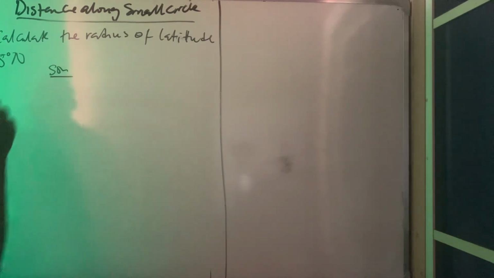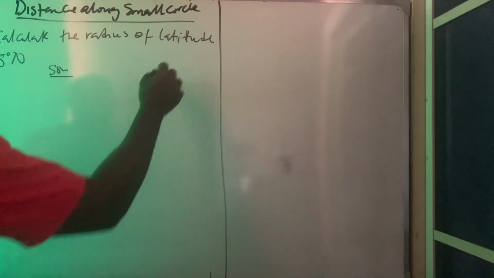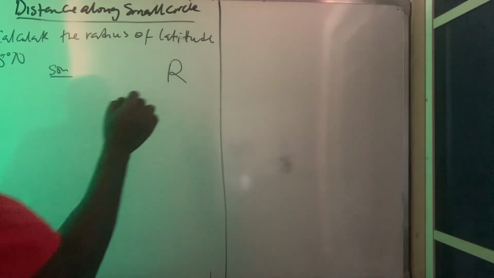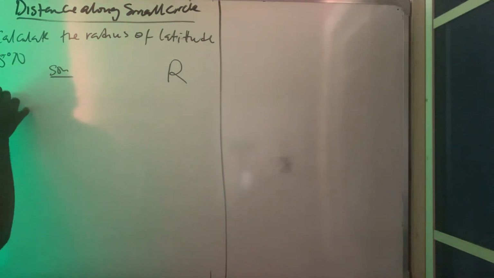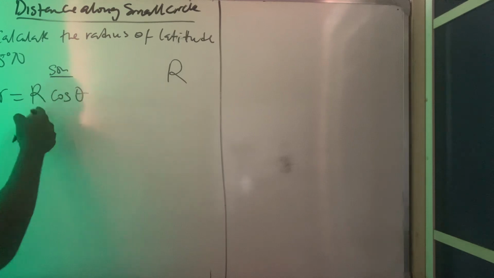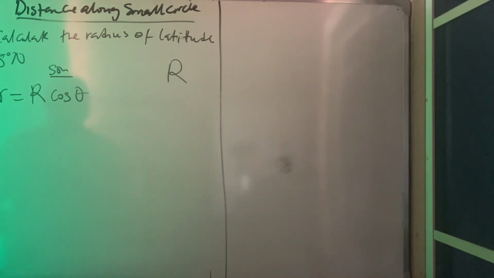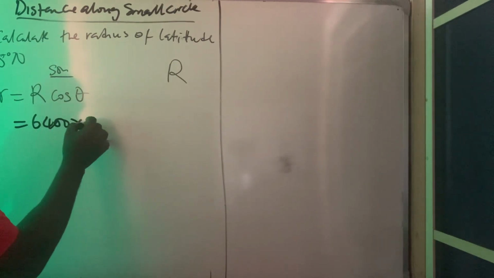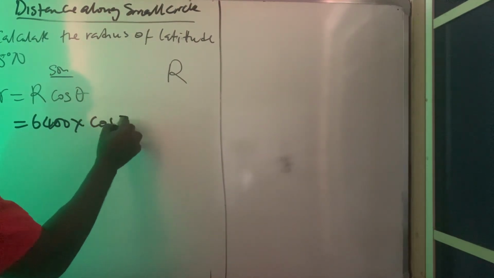Very simple solution. The radius of longitude is big R, that is the radius of the earth, but the radius of the latitude, small r, is given by big R cos theta. You see how we got this formula in the other one. So this is 6,400 times cos 75.